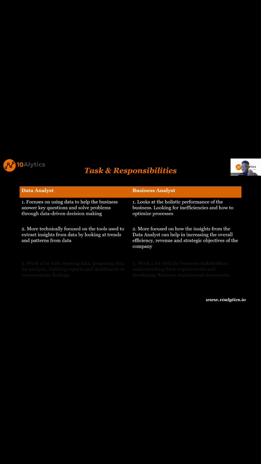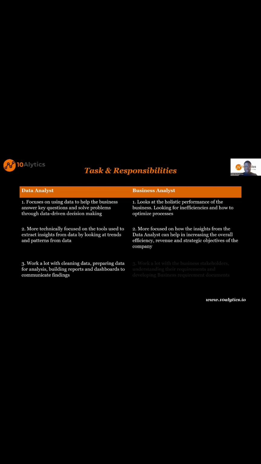So there's a convergence between both roles, and this is simply because the business analyst would have seen areas for improvement, areas where you have inefficiencies, and then understands the requirements by interacting with stakeholders within the business and providing those requirements to the data analyst. The data analyst then goes to gather the data required to solve those problems or help answer the questions from those problems identified by the business analyst. All right. So let's move on to number three.